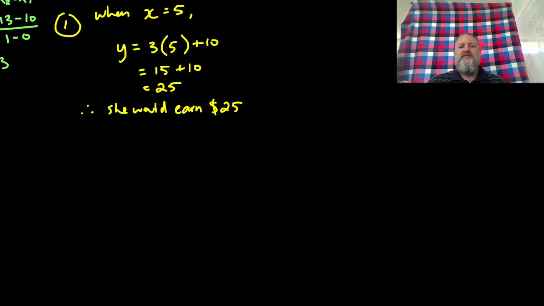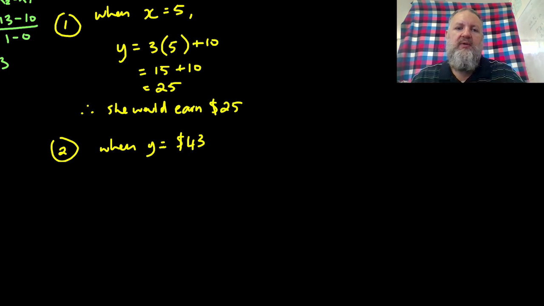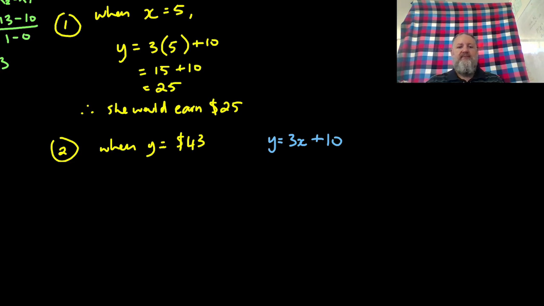We know that y was equal to 3x plus 10, the equation we were working on. Now we've got a value of y, so we can substitute that in: when y is equal to 43, 43 is equal to 3x plus 10.